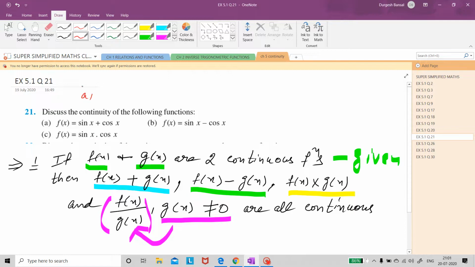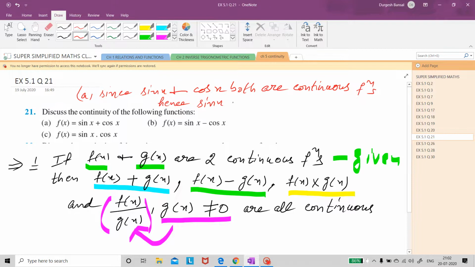Here you can say, since sin x and cos x both are continuous functions, hence sin x plus cos x will be continuous, sin x minus cos x will be continuous, and sin x into cos x will also be continuous, using the result that I have discussed here.